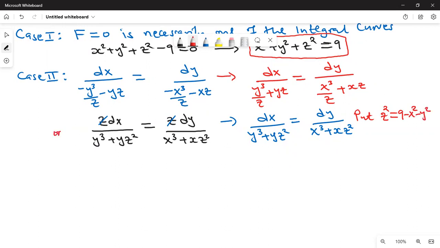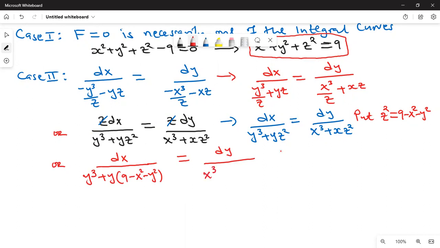We are going to get dx over (y cubed plus y times (9 minus x squared minus y squared)), which should be equal to dy over (x cubed plus x times (9 minus x squared minus y squared)).